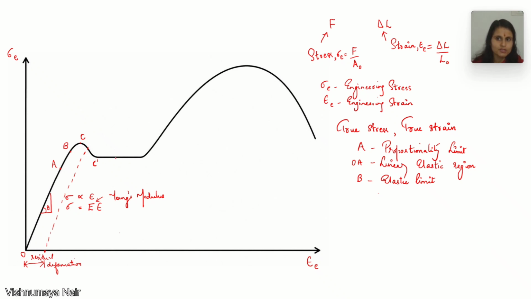The plastic deformation is increasing. So we have a large amount of plastic deformation here at constant stress. Okay. Now this point C is known as the upper yield point. And this point C prime is the lower yield point.